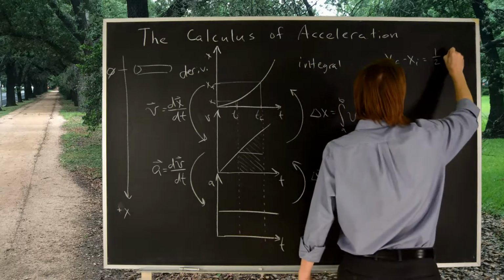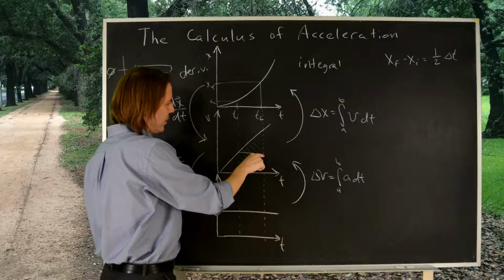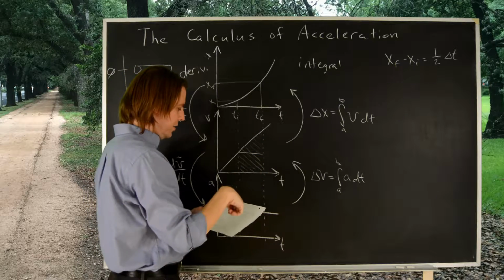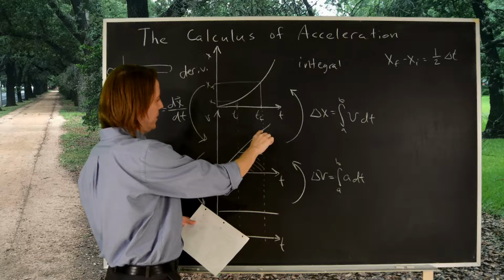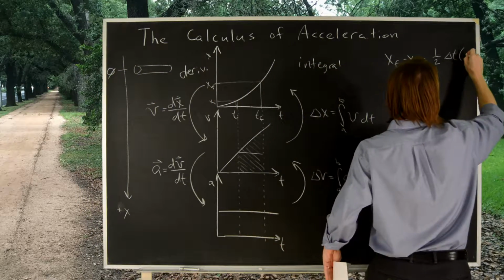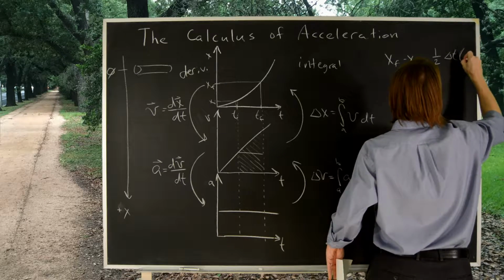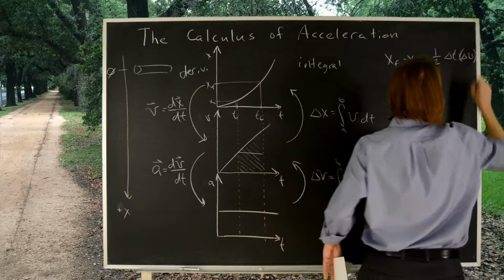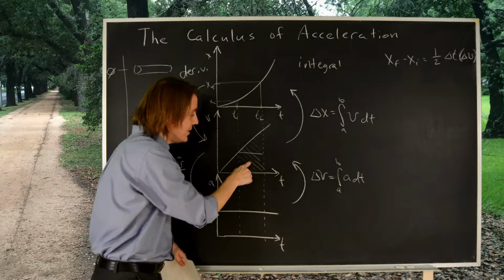So 1/2 delta t, and the height of that triangle is the difference in velocity, v final minus v initial. I ran out of space, so I'm going to call it delta v, like that.